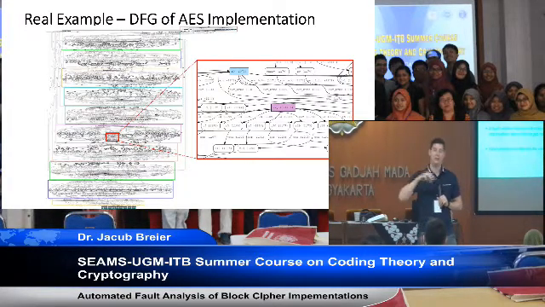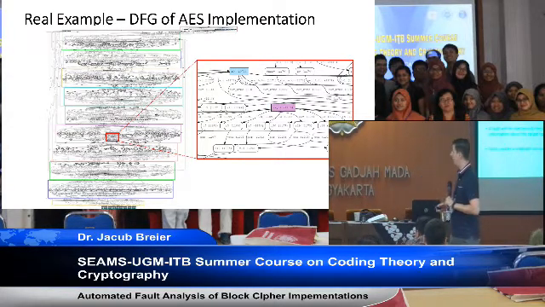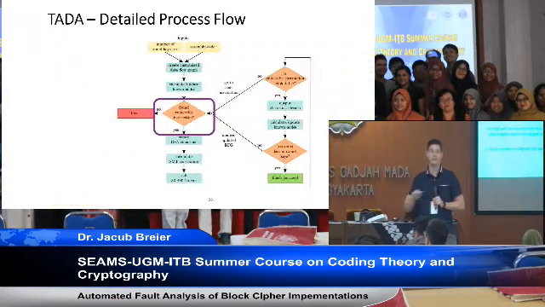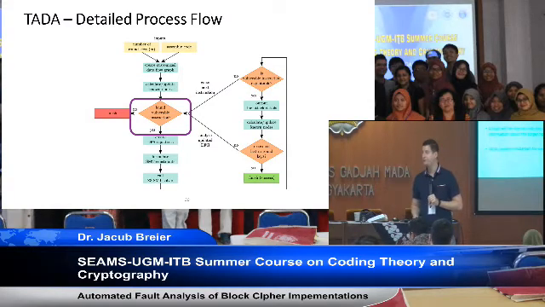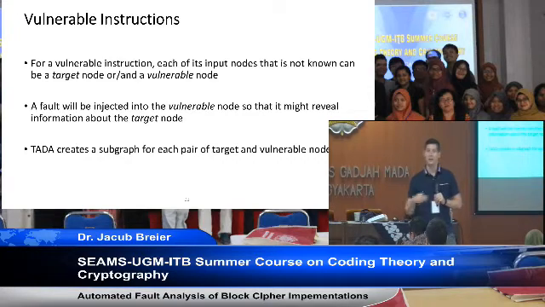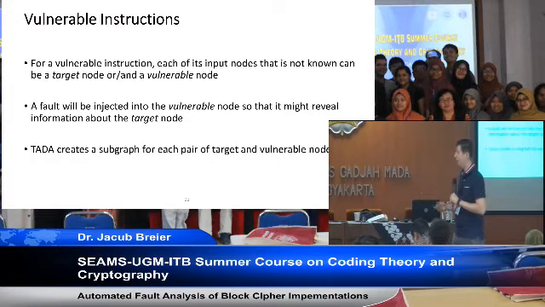So we mark all of these nodes, and we create a small data flow graph of the propagation for each of these. We take all the nonlinear instructions, and we take subgraphs leading from the input nodes of these vulnerable instructions all the way to some of the known nodes, so that we can see the propagation.